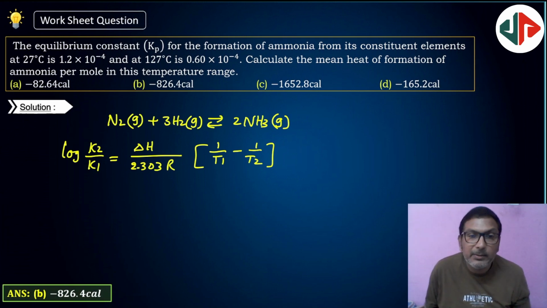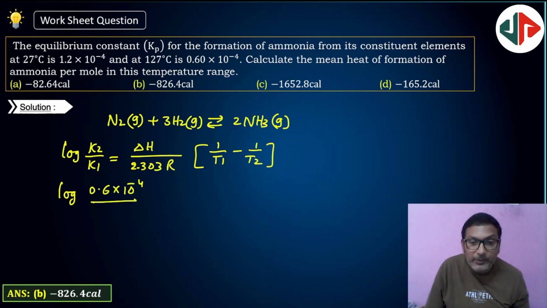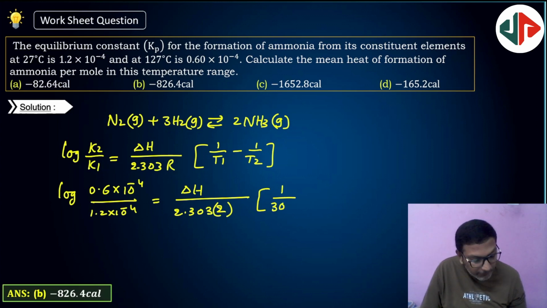Log K2 by K1 is 0.6 into 10 power minus 4 by 1.2 into 10 power minus 4, equal to delta H by 2.303 into R value taken in calories, 2, into 1 by T1, 300, minus 1 by 400.